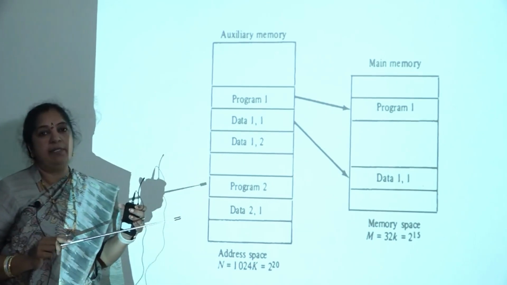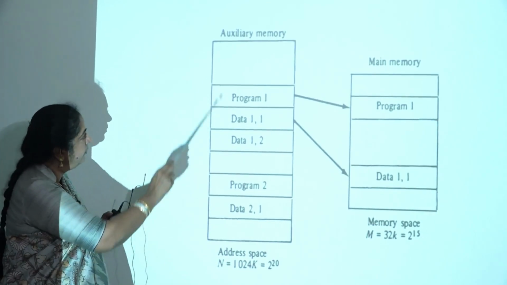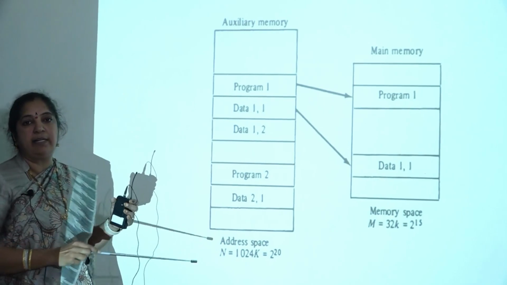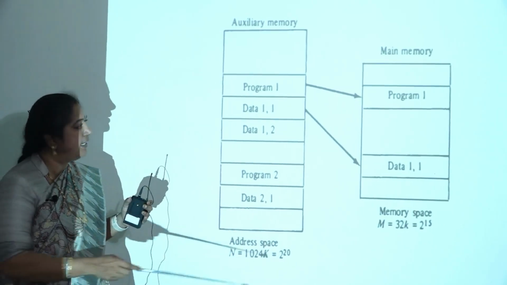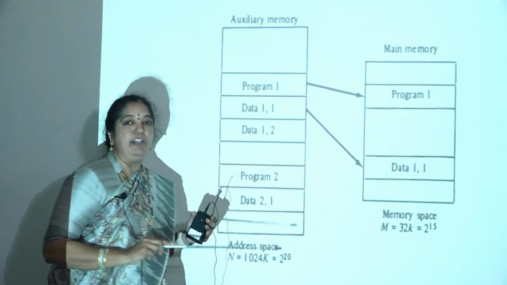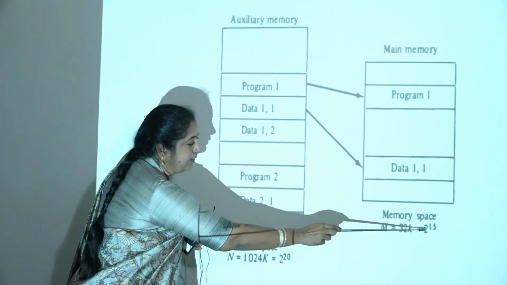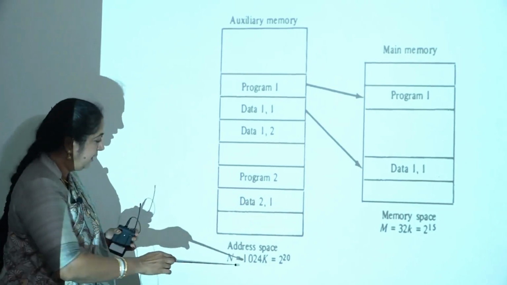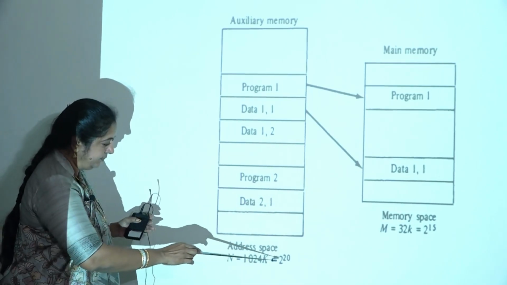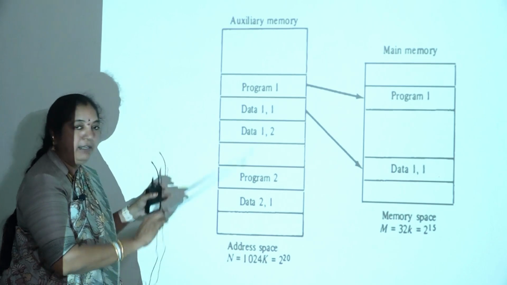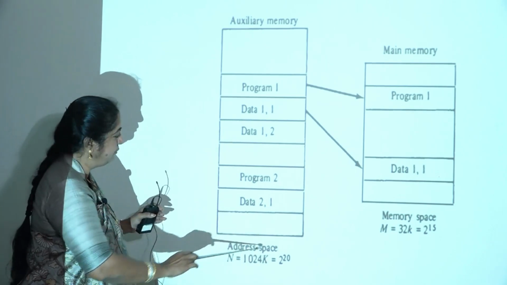Here the problem is that the auxiliary or secondary memory is very vast, whereas main memory has limited space. For example, main memory is 32K, 2 to the power of 15, but here it is 1024K, 2 to the power of 20.